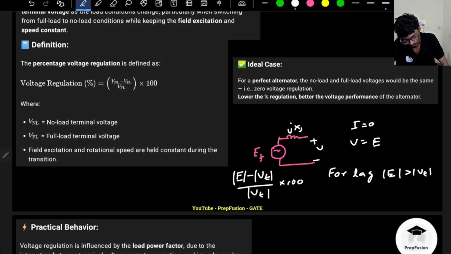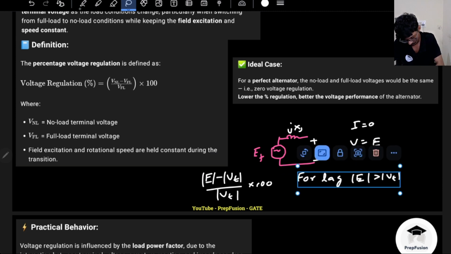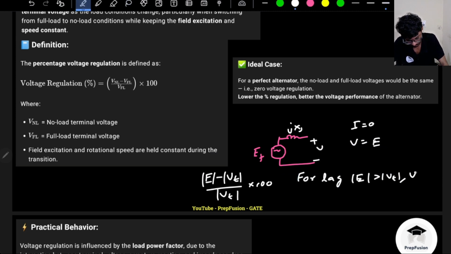So that means my voltage regulation will be positive.